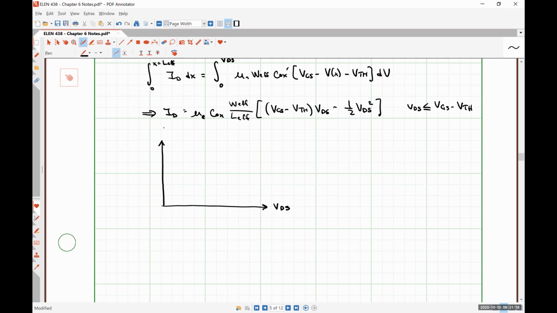This is VDS, ID, and VGS1 minus VTH. That's VGS2 minus VTH.